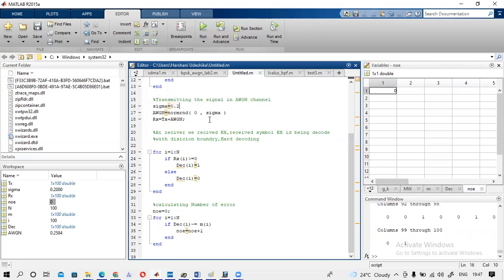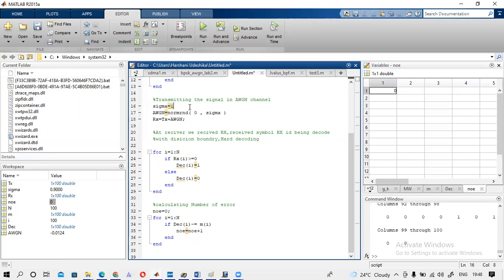So if I put a somewhat higher value, 0.5, maybe there can be some number of errors. Still no. Let's put this up to 0.9. Still there is no error.